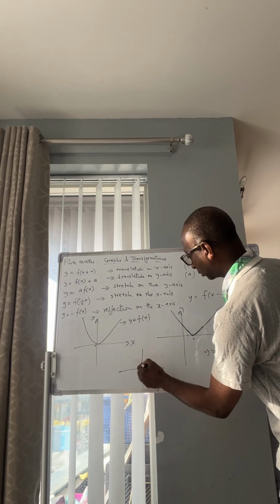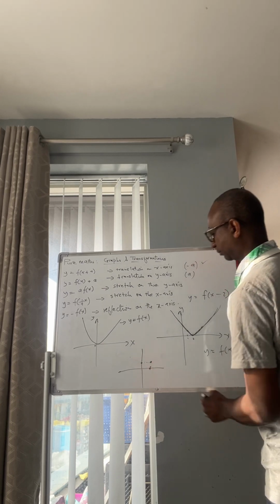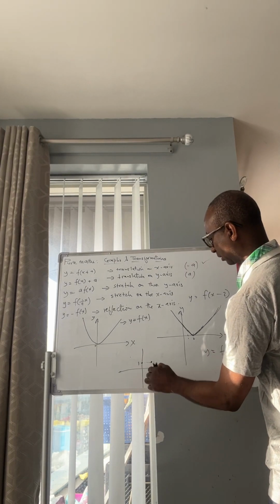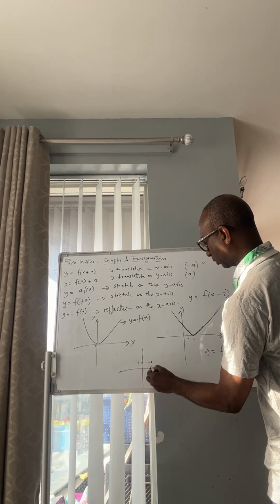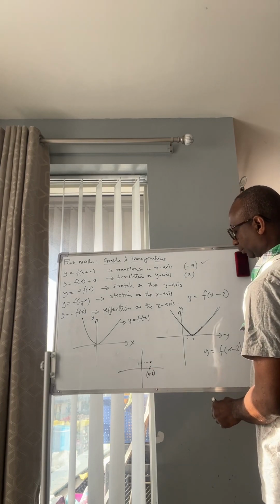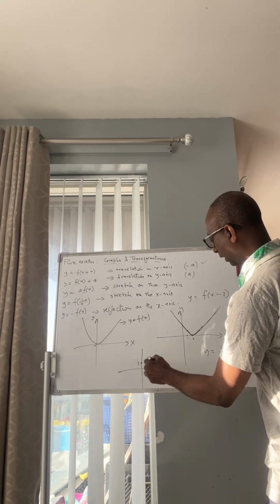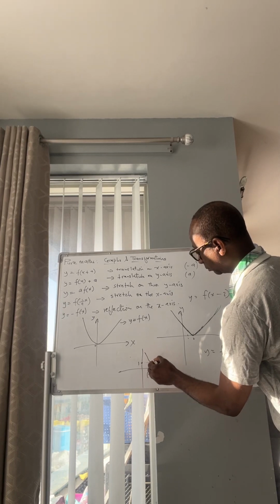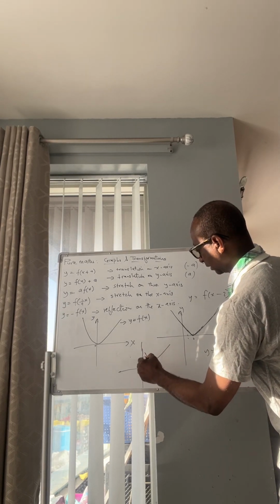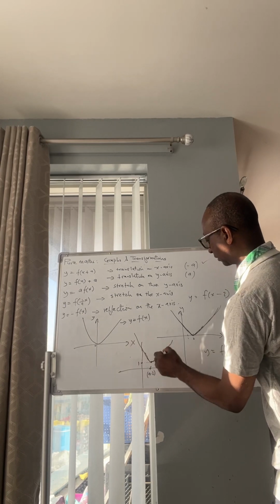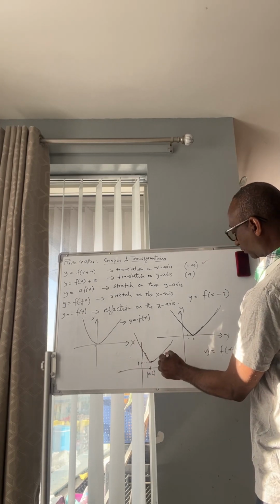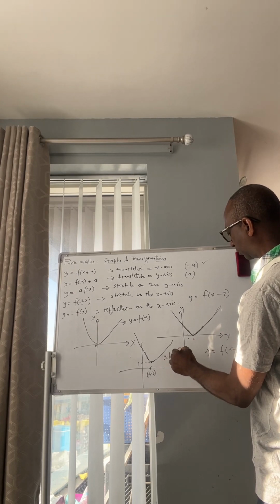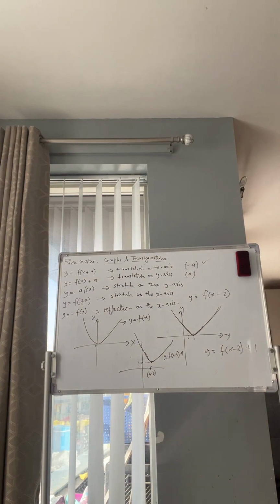So now the vertex will be here: x is 2, y is 1. This is your turning point. Your graph will look something like this. So this is the graph y equals f of x minus 2, plus 1. This is what we mean by transformation.